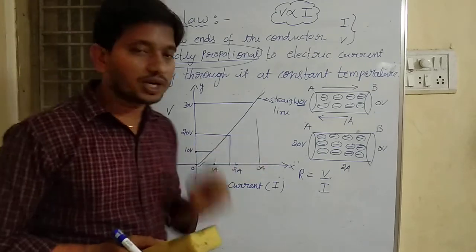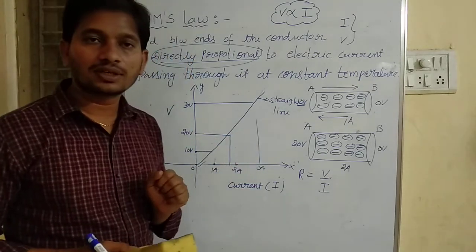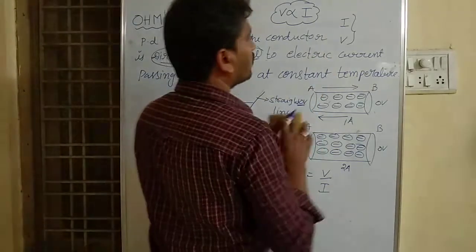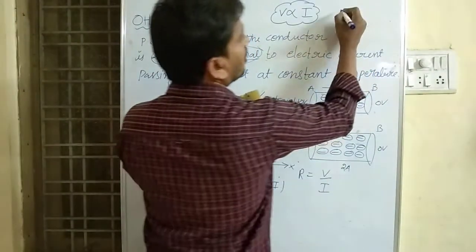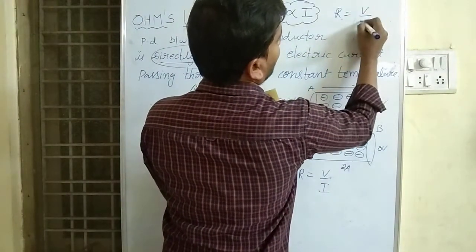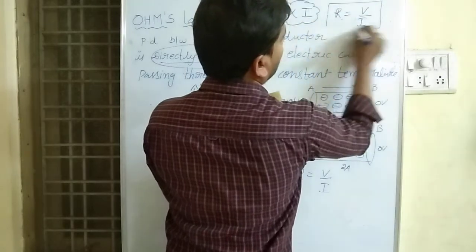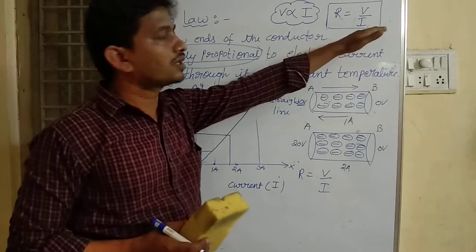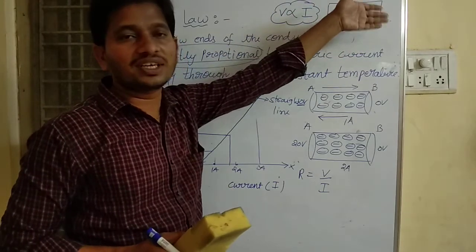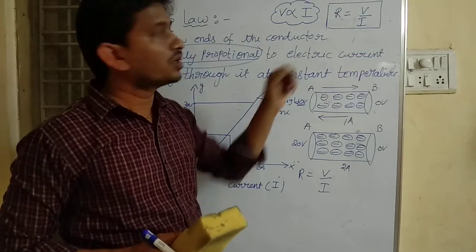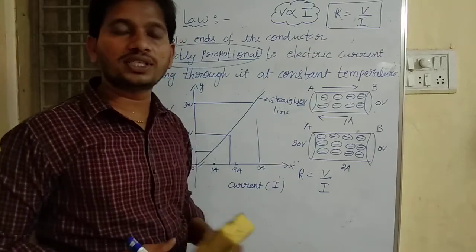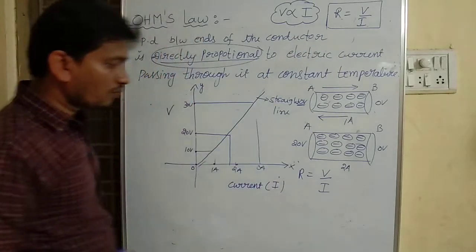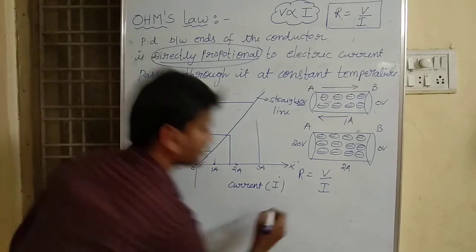One more important point is resistance. Resistance R is equal to V by I. As resistance is increasing, current is decreasing. They are inversely proportional to each other. And what is the SI unit of resistance?